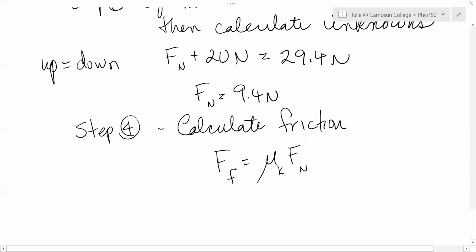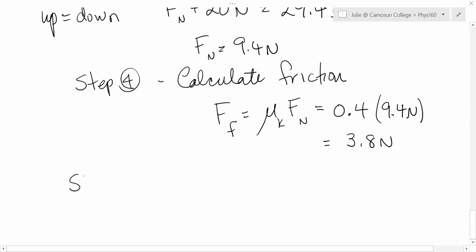So pulling up at an angle on an object tends to reduce friction because you're lifting it off the surface a little bit as well. So if you want to reduce friction on something real sticky, don't push horizontally, tend to pull up at an angle. Okay, we have a coefficient, it's 0.4. Now we have a normal force, 9.4. So the force of friction here is only 3.8 newtons. Okay, it's not very big.